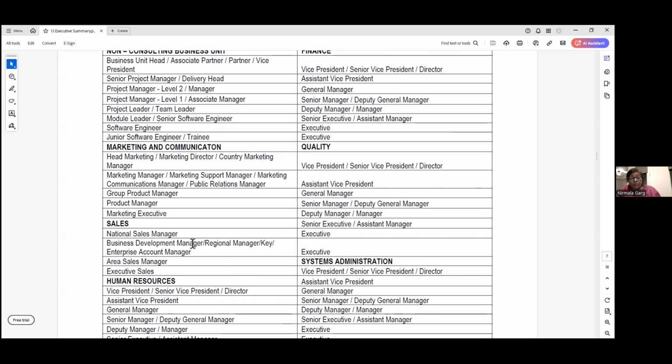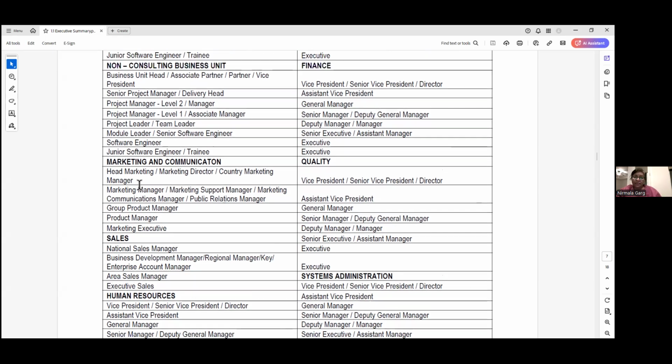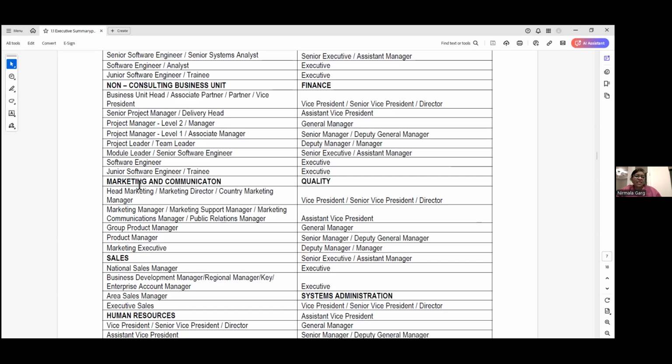Now, first of all, when you are looking at the data, you need to check, for example, say you have a head marketing or a marketing director in your company. I think I will take Preeti, because she works for Parle, so they'll have a head marketing director.